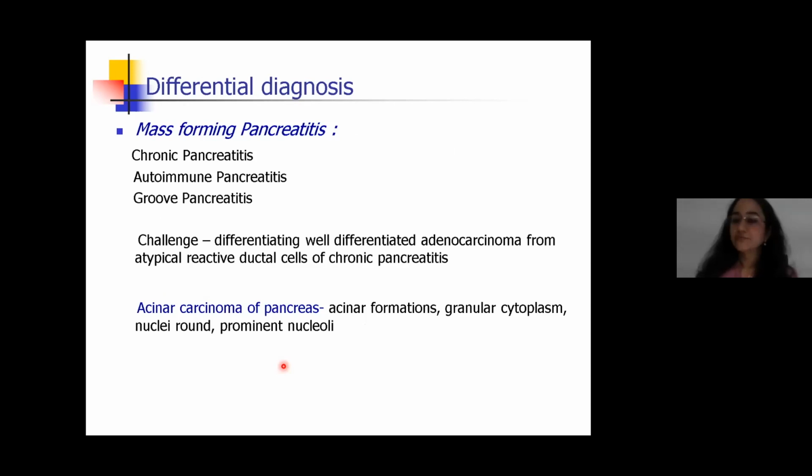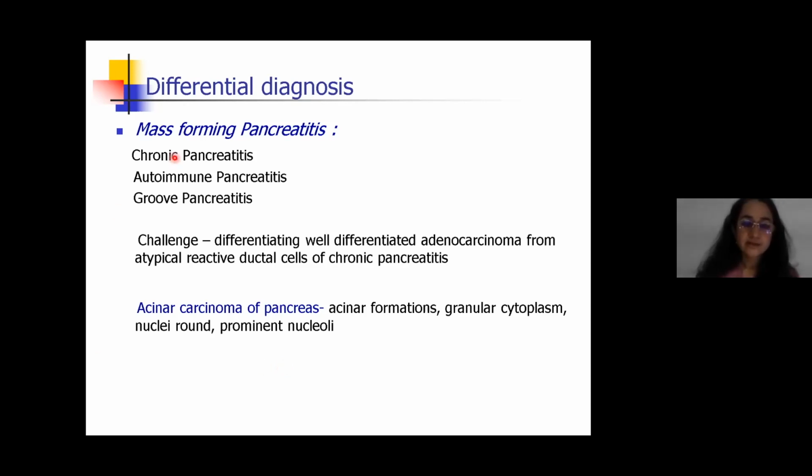Now, what are the main differential diagnoses? We know that pancreatitis, though it's an inflammatory process, can form a mass-like lesion on radiology. And this is the main differential diagnosis, especially when you have to differentiate it from a well-differentiated adenocarcinoma. We know in practice this can be a real challenge at times, and you have to resort to correlation with clinical imaging, serum tumor markers to help arrive at the correct diagnosis.